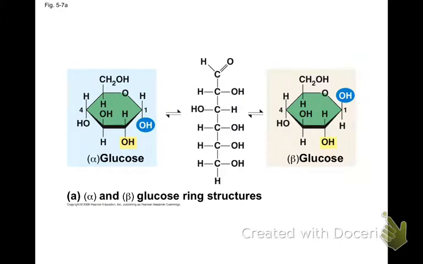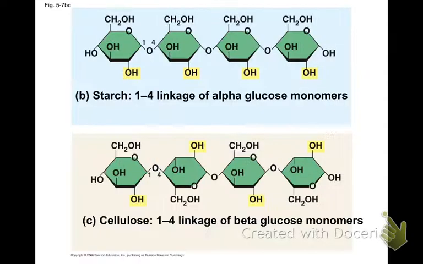Okay, so you have the different structures by difference in positioning of the hydroxyl groups, and so you will have a starch which is the alpha 1,4 linkage, and here if you notice it's beta 1,4 linkage, and the enzymes to break this down are rare.